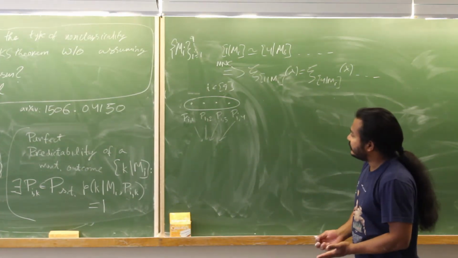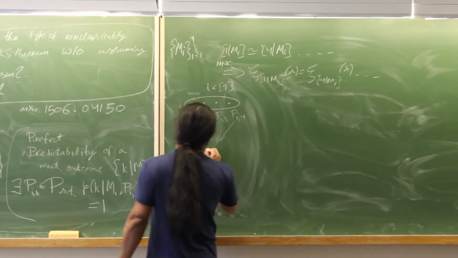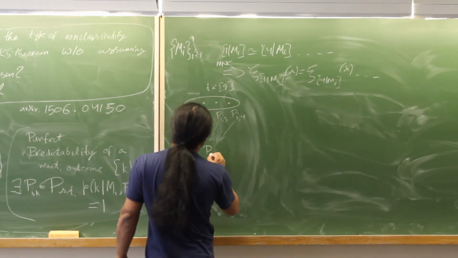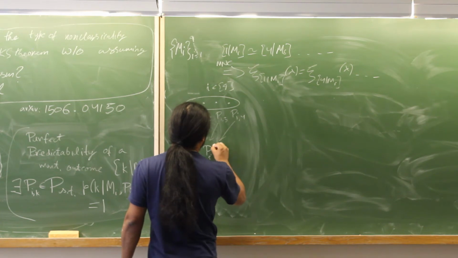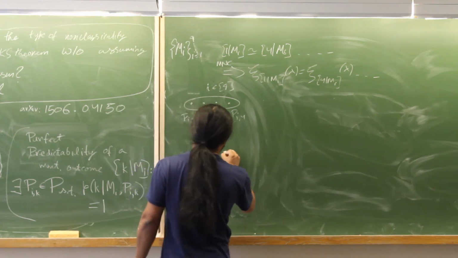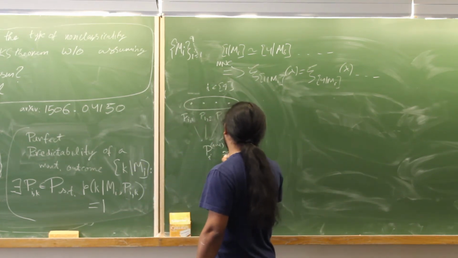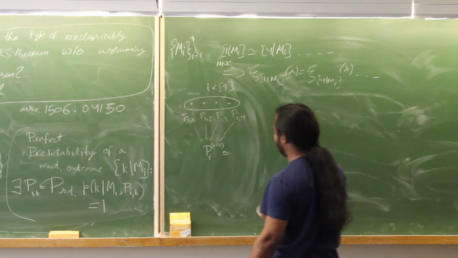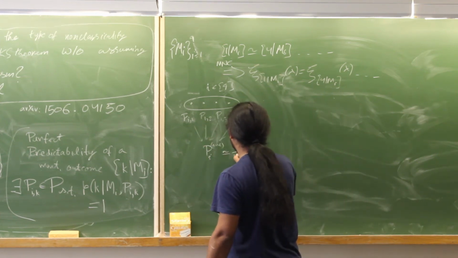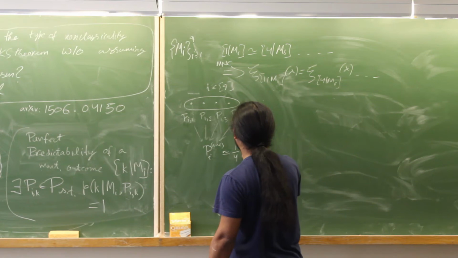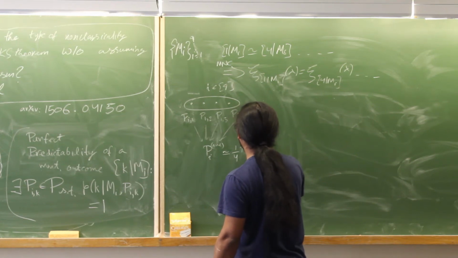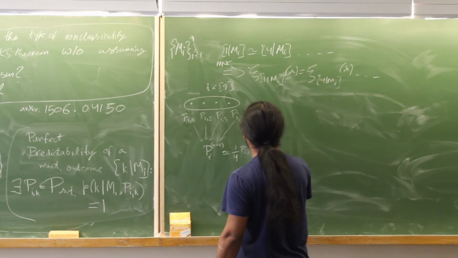And the property they satisfy is that if I look at the average preparation that I obtain, for our purposes, in general you can generalize this beyond the uniformly random case, but let's say it's the uniformly random mixture of these.